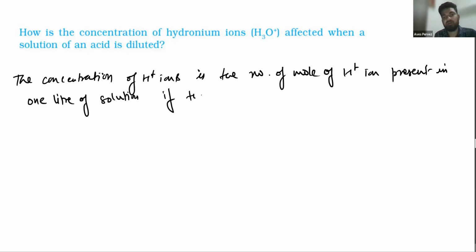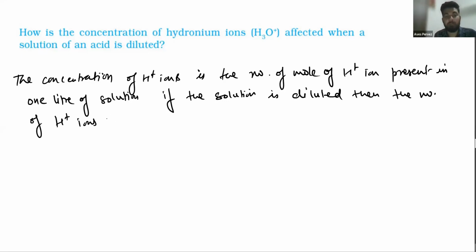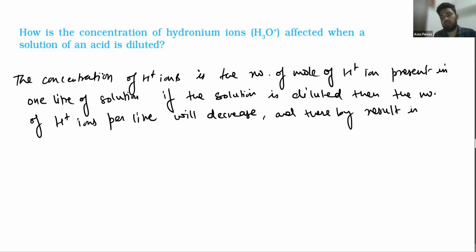If the solution is diluted, then the number of H plus ions per liter will decrease, and thereby results in an increase of pH of the solution.